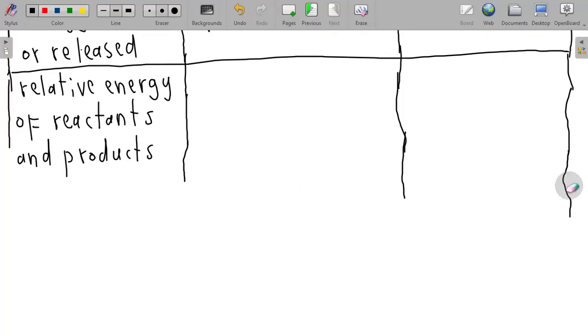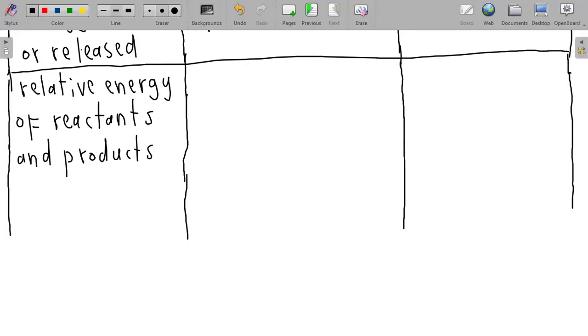Let me redraw this, make it a straight line here. Relative energy of reactants and products.